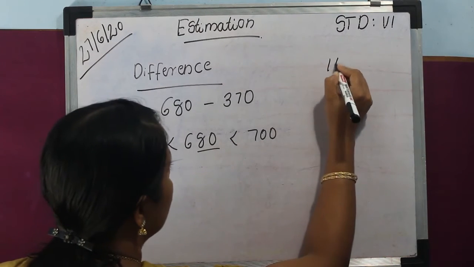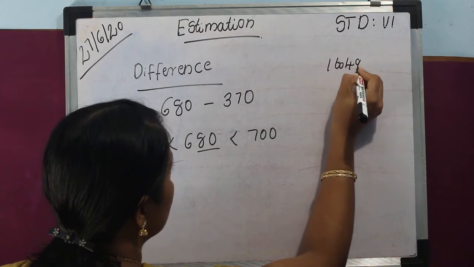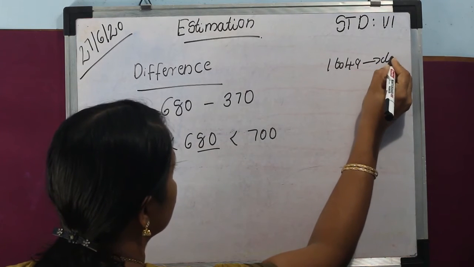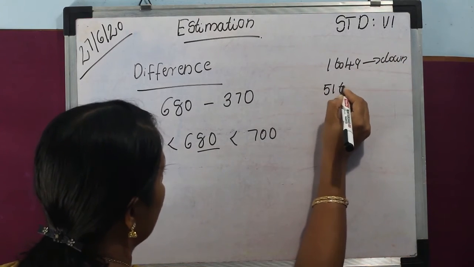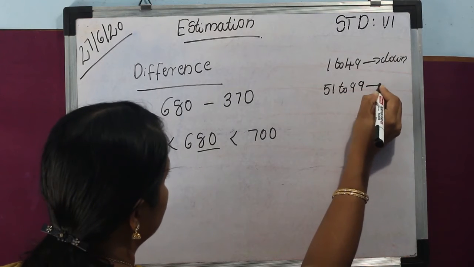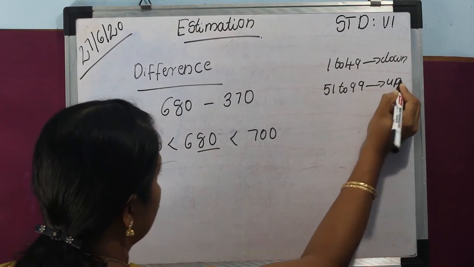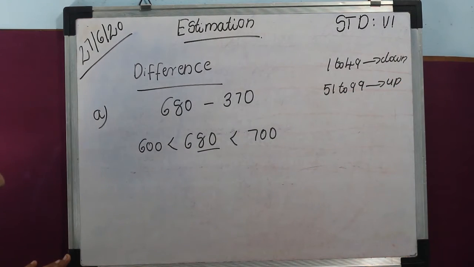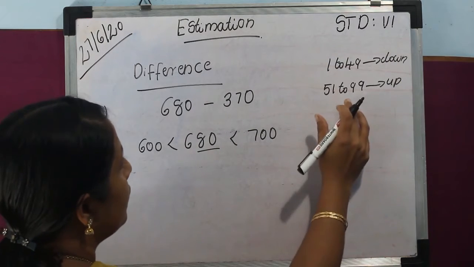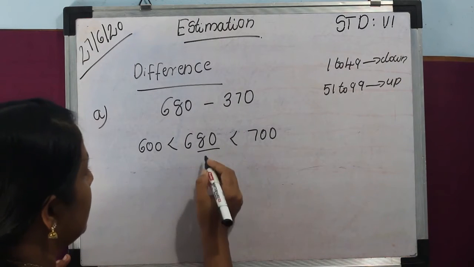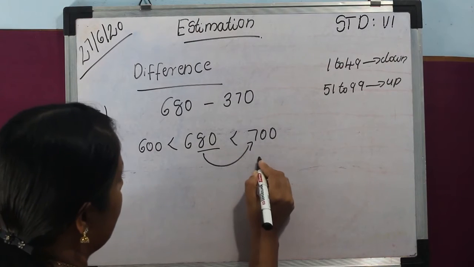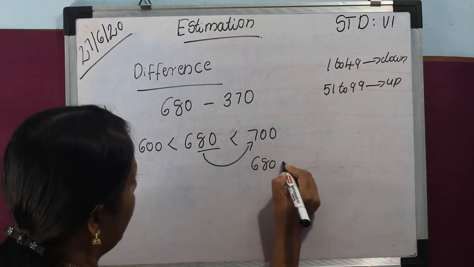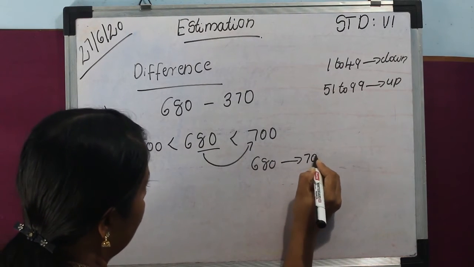Then 1 to 49 is rounded down to the first number, and 51 to 99 is rounded up to the second number. Here our number is 80. So 80 belongs to 51 to 99. So this number is rounded up to 700. That is, 680 is rounded up to 700.